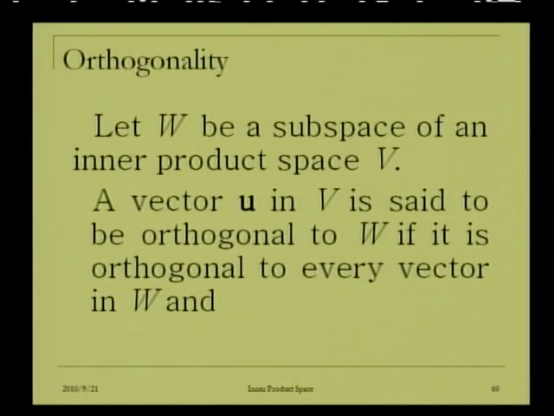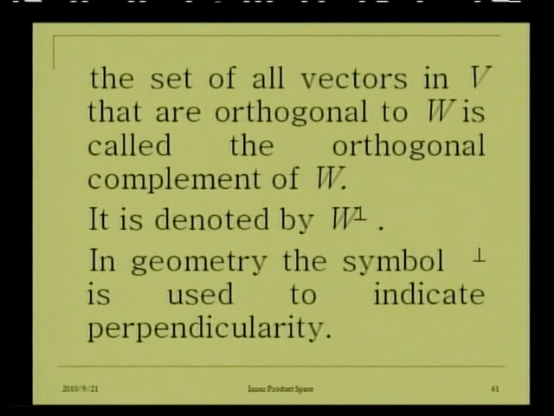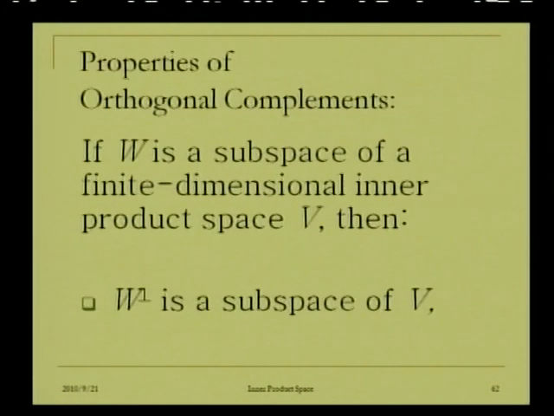If U is a vector of V which is orthogonal to every vector of W, then we collect such vectors of V, and the set of such vectors in V, capital V, that are orthogonal to all vectors of W is called the orthogonal complement of the subspace W, and it is denoted by W perp. In geometry, this symbol is used to indicate perpendicularity, and it is spoken W perp.